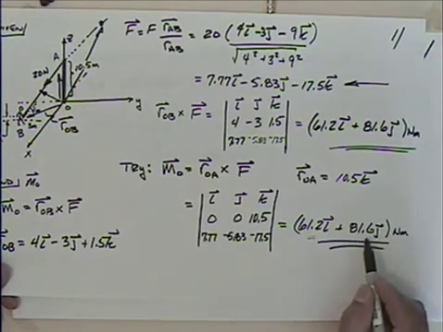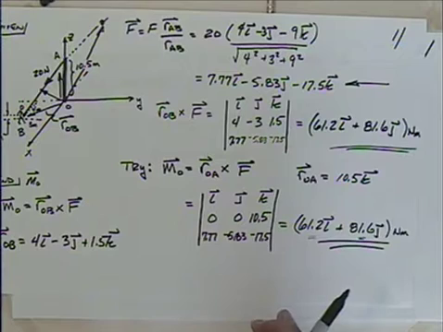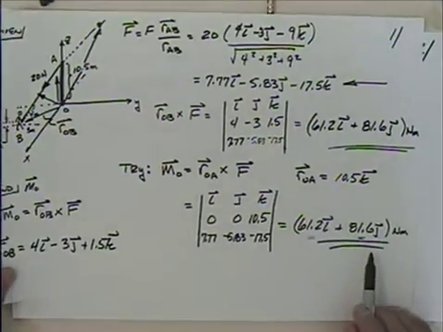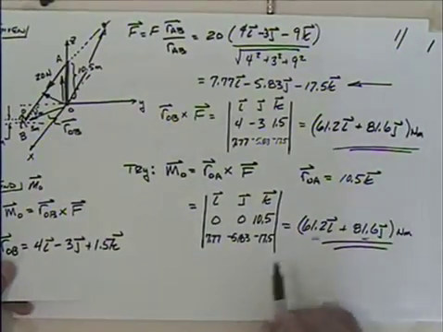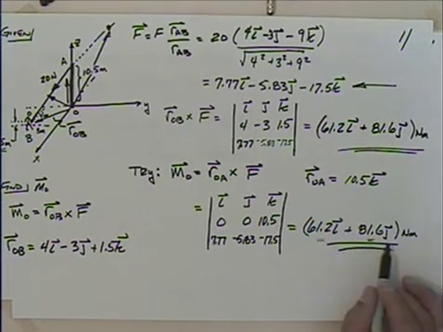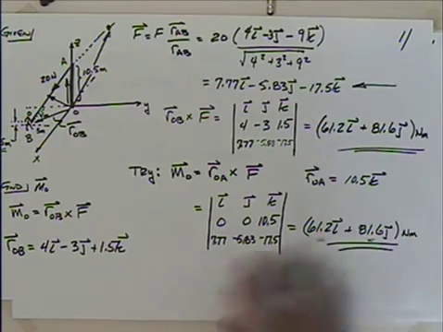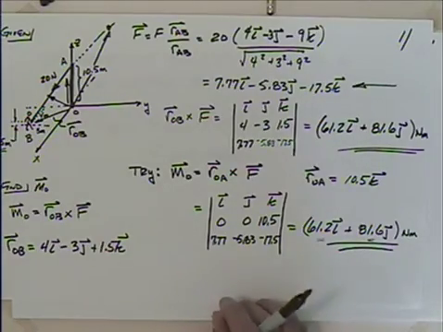If I wanted to know the component in the J, I'd dot it with the unit vector and I would get that piece there. Let me double check that again. Yeah. So hopefully fairly straightforward. Now, if I wanted to get it in some odd axis, I would just find the unit vector for that odd axis or direction and dot it with that.